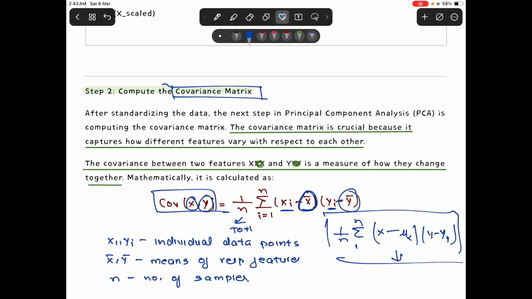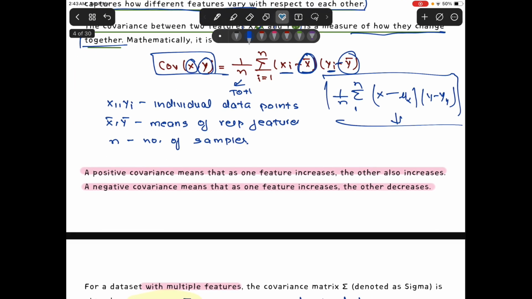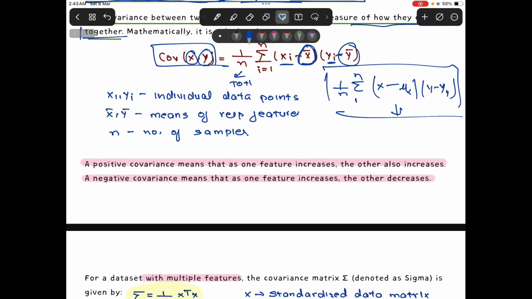So let's study why this covariance matrix is important, because it captures how different features vary with respect to each other. The covariance between two features x and y is a measure of how they change together. I hope you guys got it.